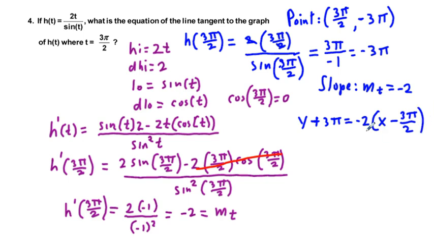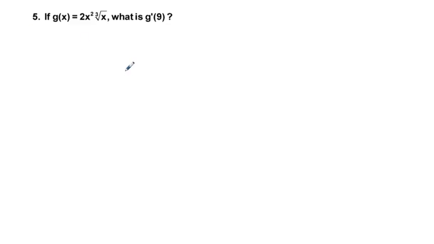And so that's going to be our equation for our line. So quite a few things: the quotient rule, the derivative of a trigonometric ratio, finding a tangent line. So quite a few things there.